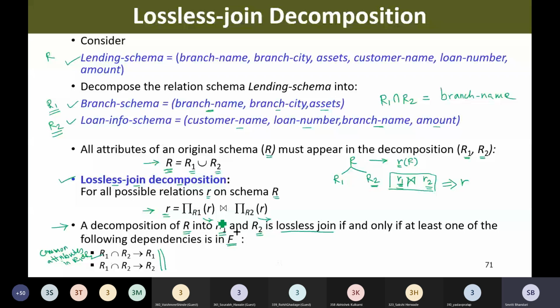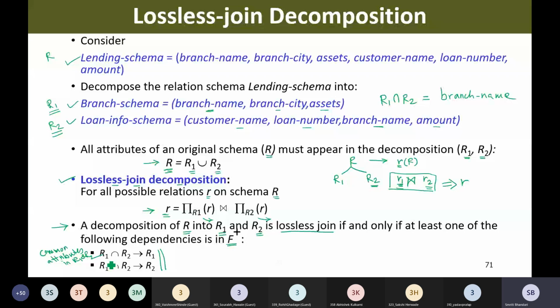A decomposition of R into R1 and R2 is lossless join decomposition if and only if at least one of these dependencies is present in our F plus. F plus is our closure of the set of functional dependencies. So what we are saying is either R1 intersection R2 determines R1 or R1 intersection R2 determines R2.